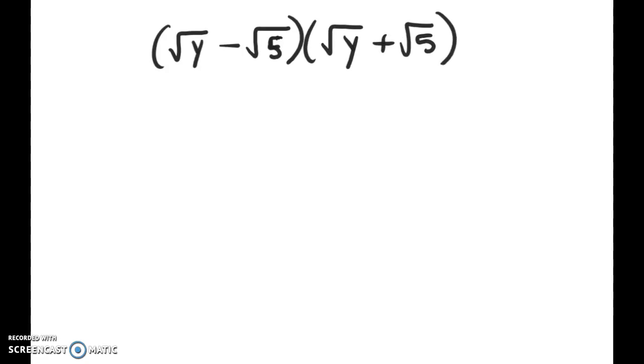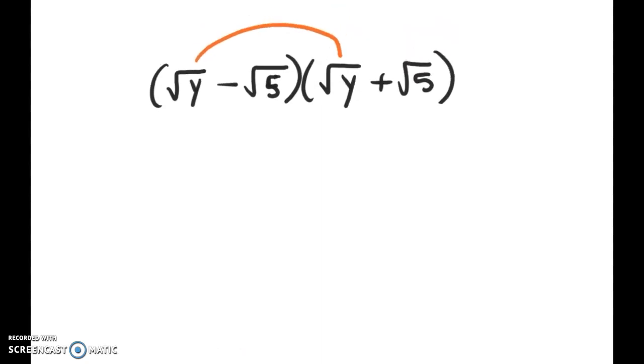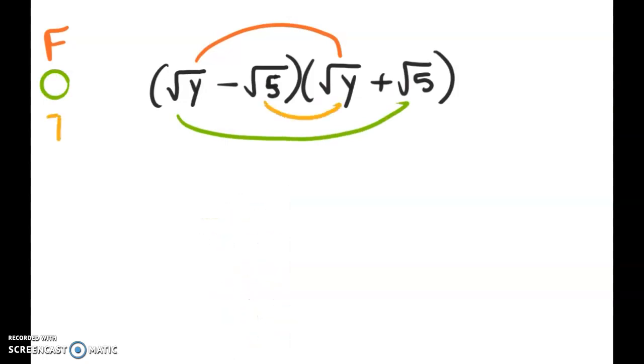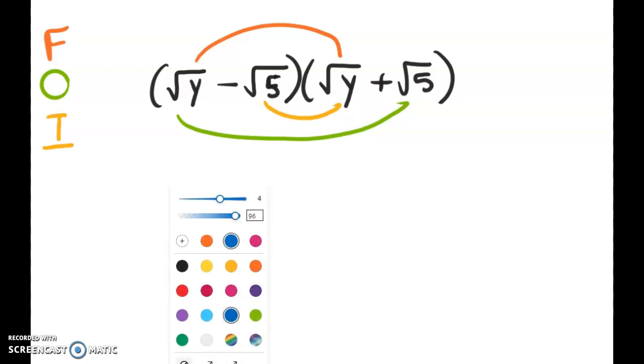This is multiplication between the two parentheses here. And this kind of looks like a problem that I could FOIL. Foiling means I'm doing some distribution. I FOIL by taking the first terms, multiplying them together, the outer terms, multiplying them together, the inner terms, and multiplying them together, and then the last terms, and multiplying them together.